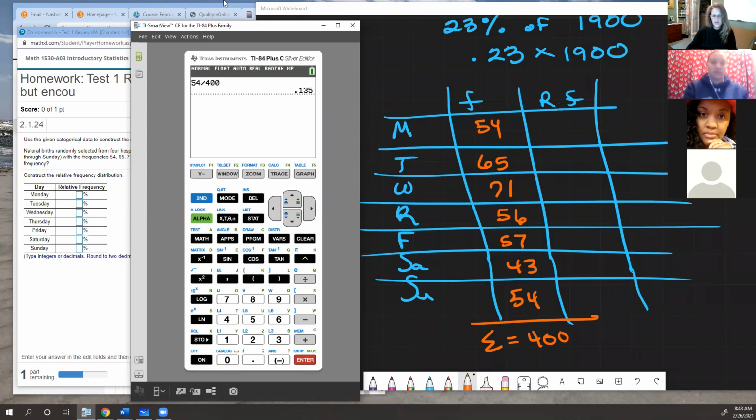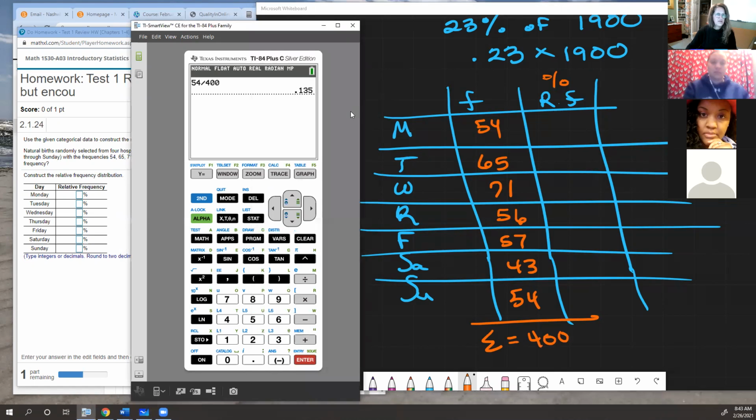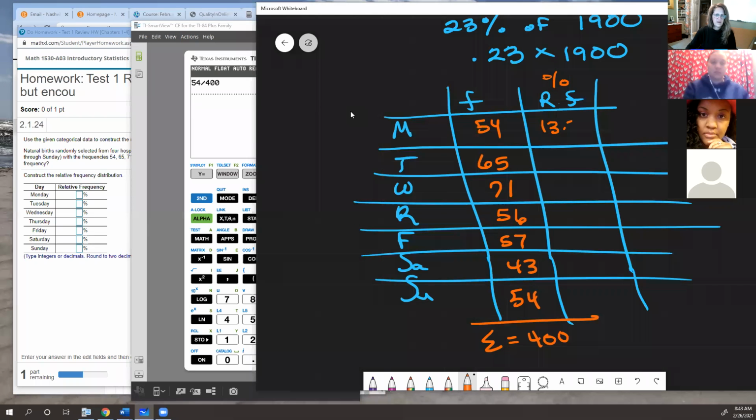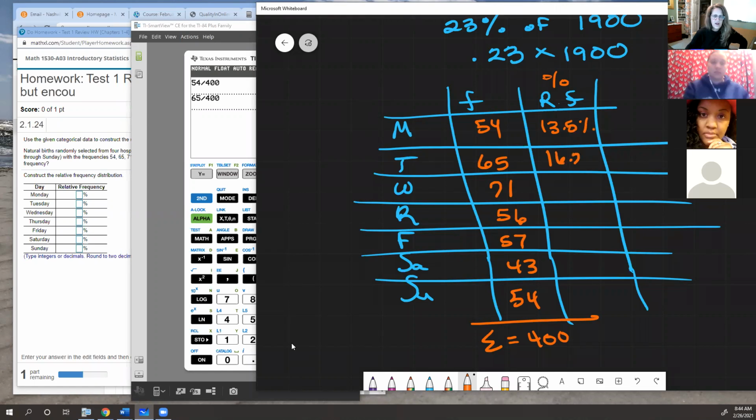So, all right, what's the relative frequency for Monday? Excellent. And I love the fact that you already turned it into a decimal, right? Because this is a percent. So this is 13.5%. Great. All right, let's do that for Tuesday as well, and the rest, 65 divided by 400. All right, so we have 16.25%.